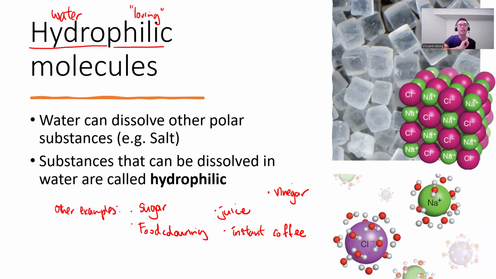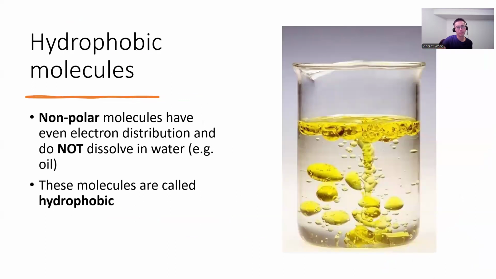Now, give me one thing that cannot be mixed with water, that cannot dissolve in water. I'm sure you know. Oil, exactly. So oil and other non-polar molecules, and non-polar means the molecule is not slightly positive here and slightly negative there.